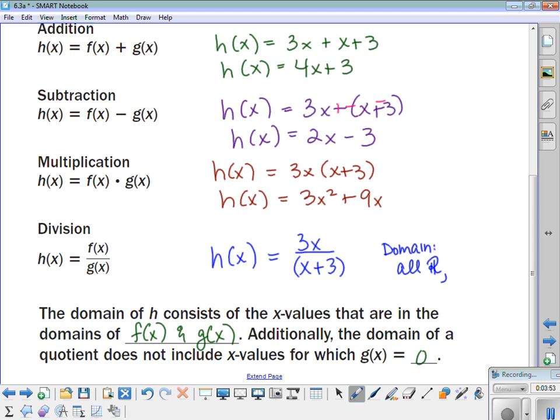So what can x not be equal to? What would make x plus 3 zero? Negative 3, right? So x can't equal negative 3. Okay? So if it's a division one, you're going to have to pay attention to the domain, whereas in the past we haven't really had to pay a lot of attention to it.